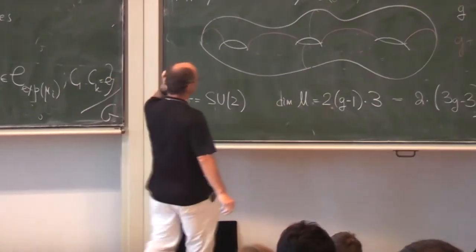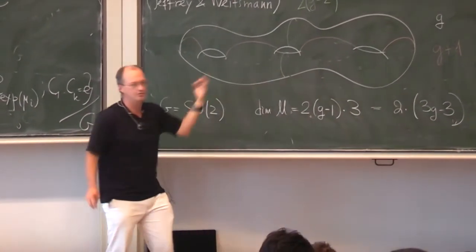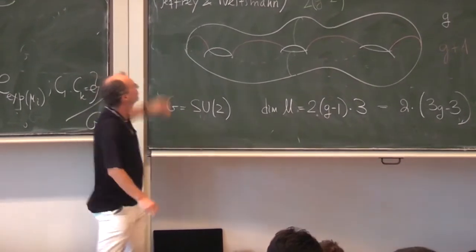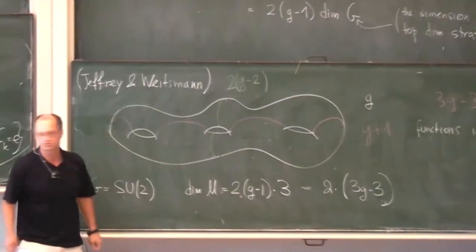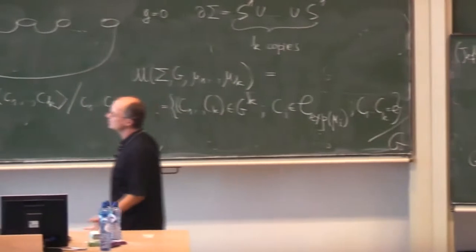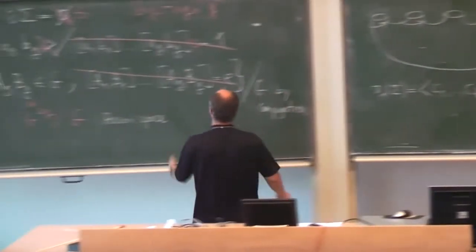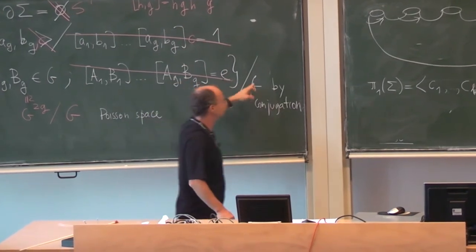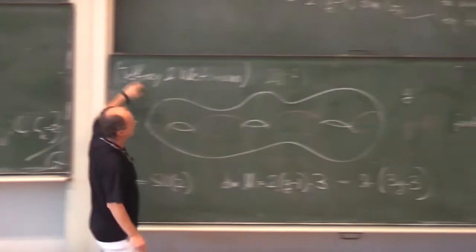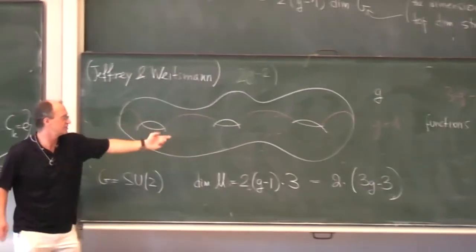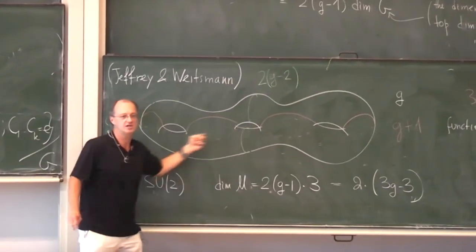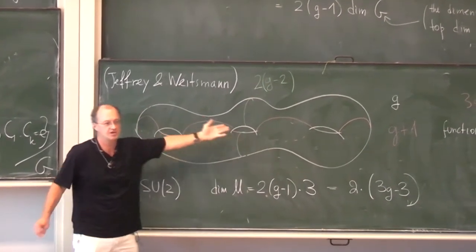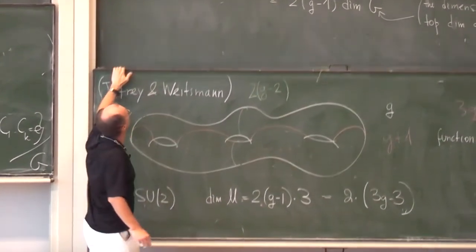You see, even though we have a rather nice description of this space, we don't really understand it so well for 2 reasons. One reason is because we have to solve those nasty equations, and then we have to divide by the group action. So that's why it's welcome to have any concrete functions which would have nice properties.